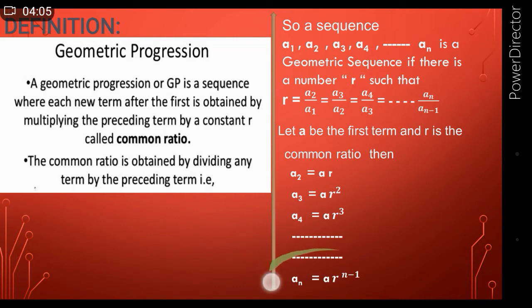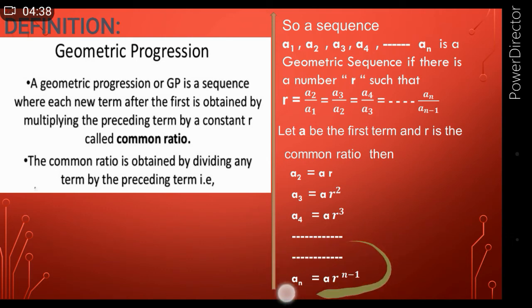Similarly, if you want to get an, what is the formula for the nth term? It would be an is equal to a r to the power n minus 1. How? Because a3 is equal to ar square, where r has 1 less power, and a4 is equal to ar cube. If the term is 4, then r would be cube. Similarly, if we want to get an, then r would be n minus 1.